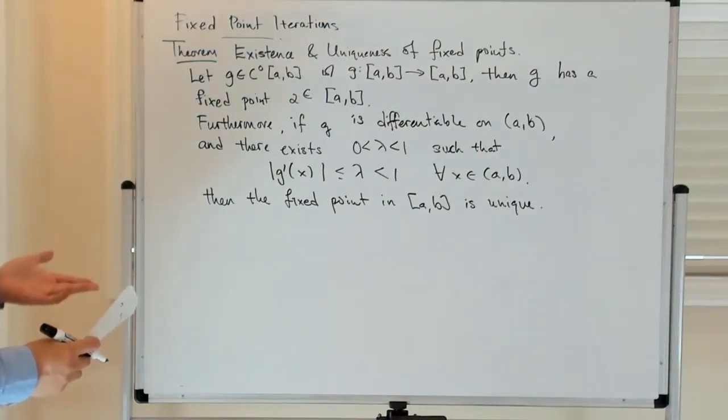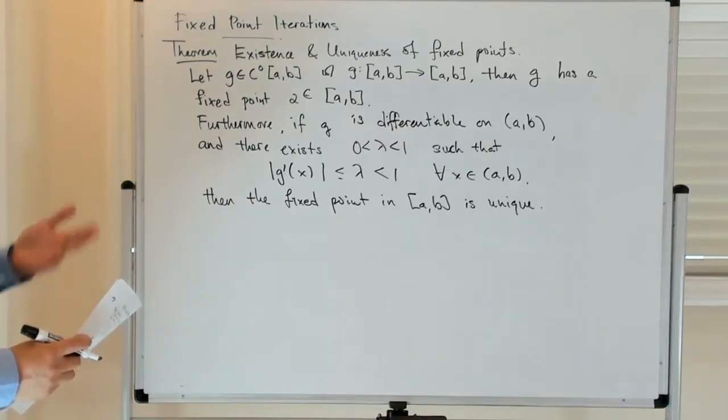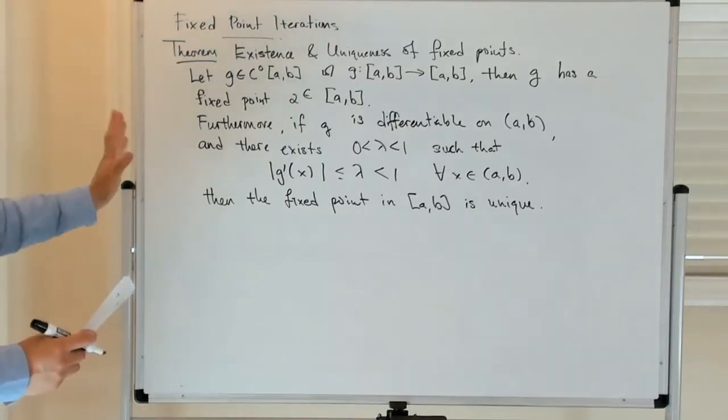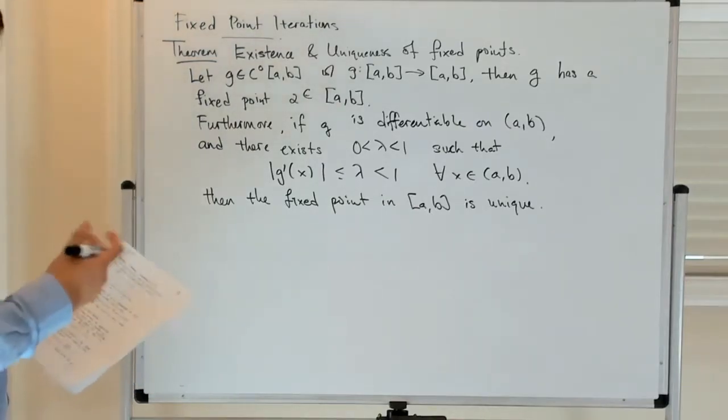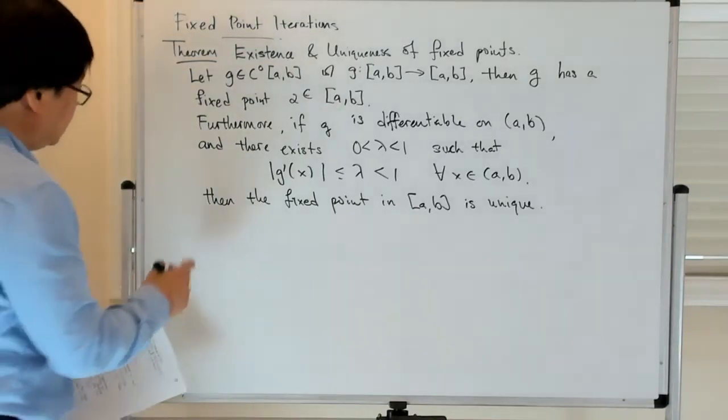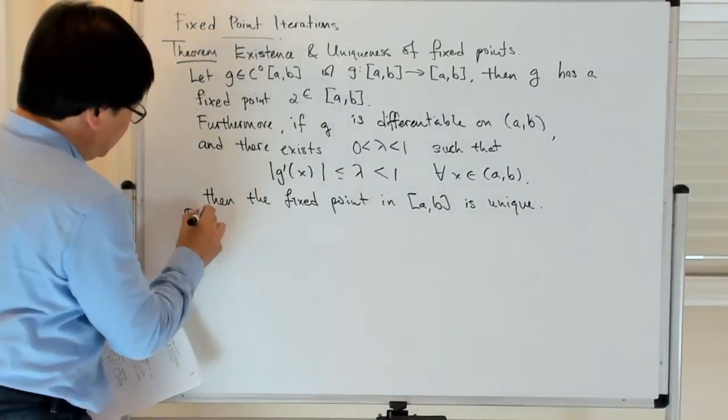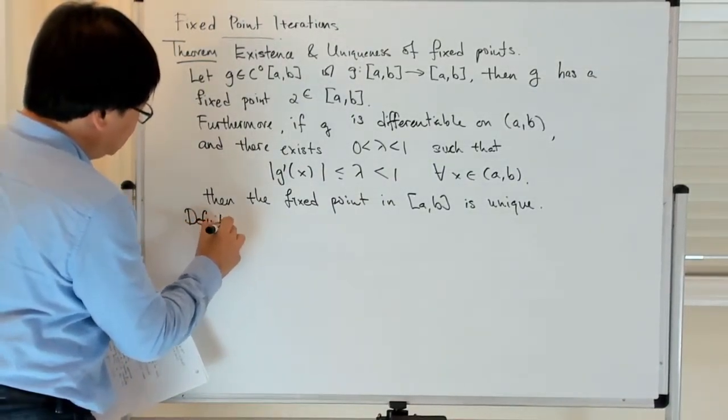So one of the obvious questions to ask is, if you have something where the existence of the fixed point is guaranteed, how do you actually go about iteratively approximating it? And the way you do this is through what are called fixed point iterations.